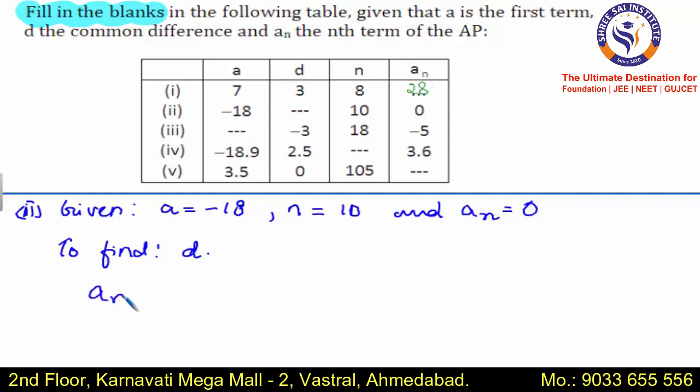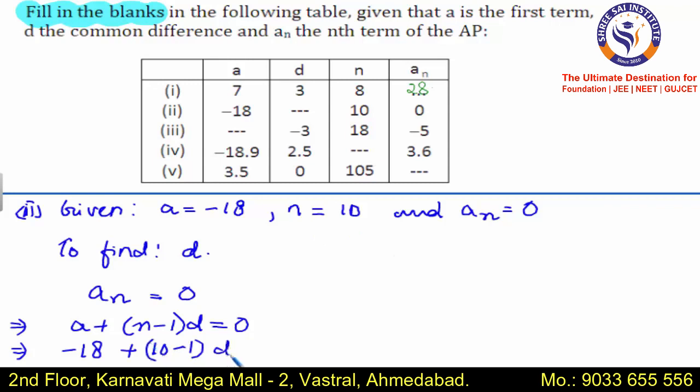Now, the nth term is equal to 0 implies that A plus N minus 1 into D is equal to 0. On substituting the values, this further implies that minus 18 plus N is 10 minus 1 into D is equal to 0.